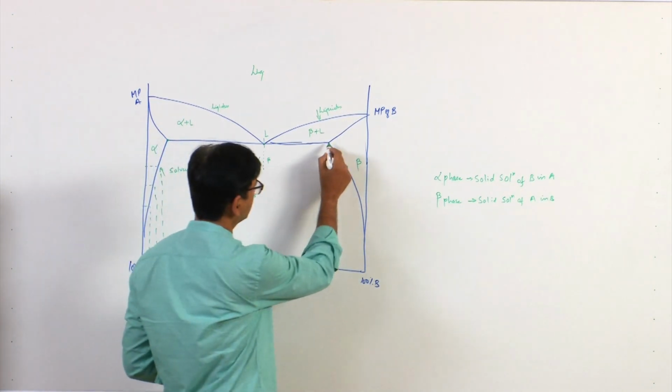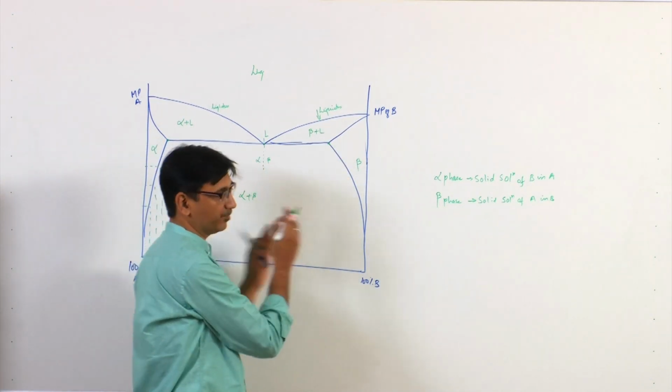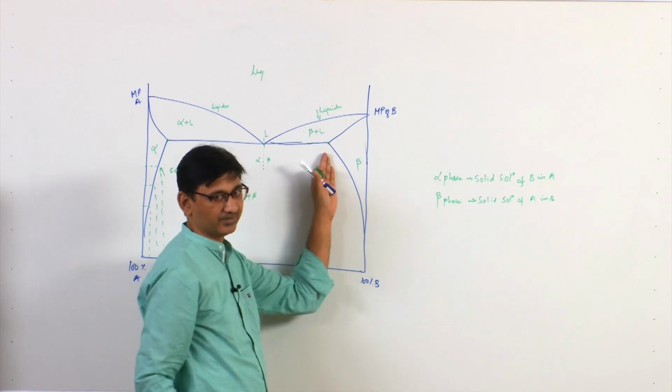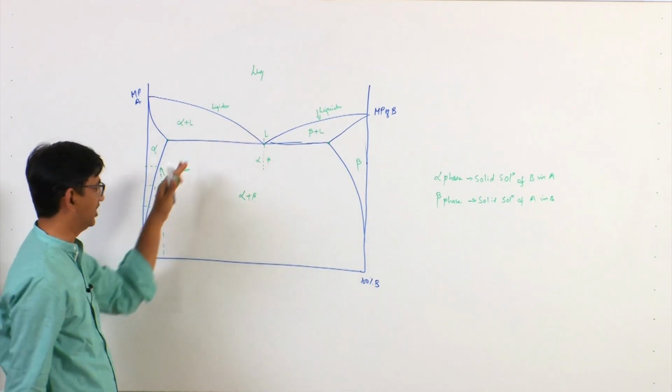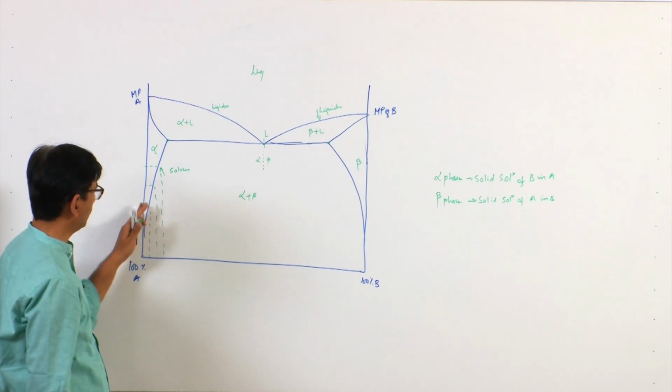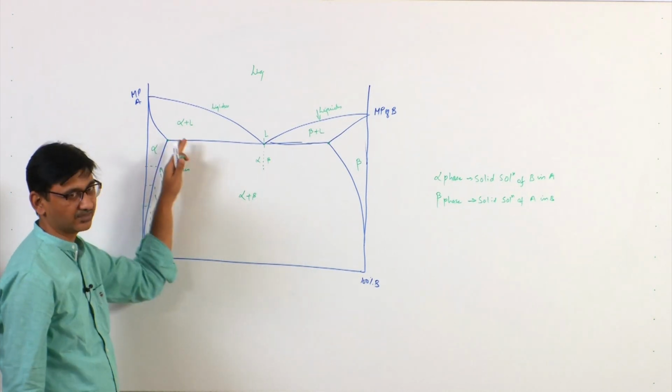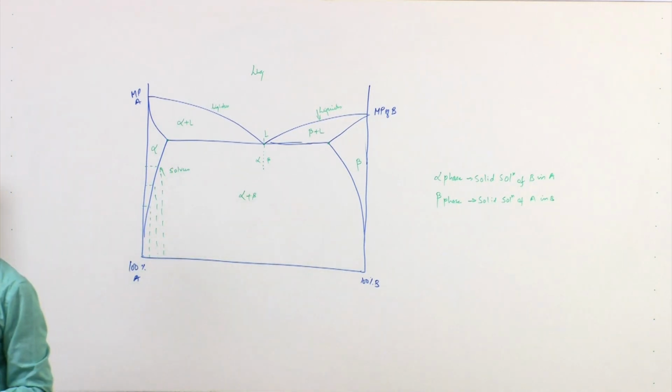Similarly, this is the maximum solubility of A in B, I cannot have more than this, okay. And this is an exponential dependence, again a temperature dependence, of how the solubility of B in A is increasing as a function of temperature.